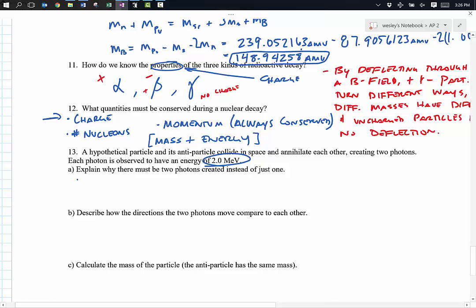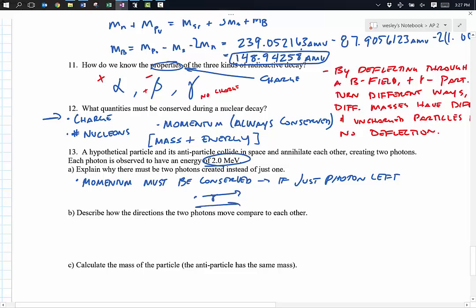The answer there: if just 1 photon left, so if we had a little photon going this way, the total momentum of the system would have to be this way.